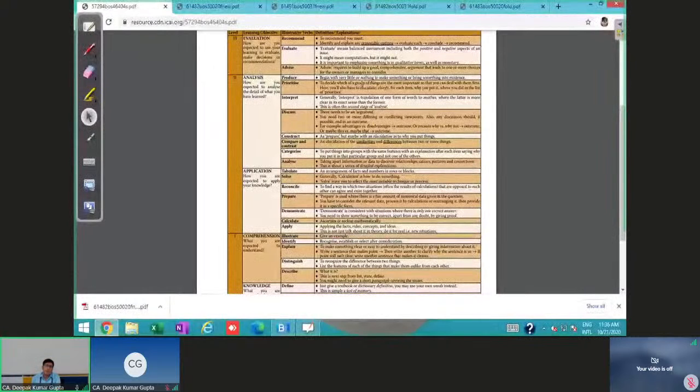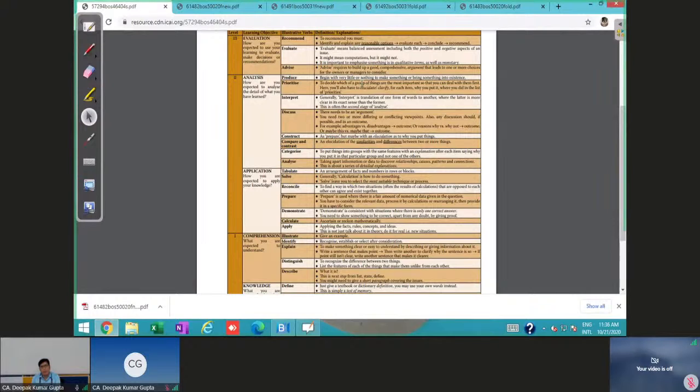Calculation is simple mathematical calculation, but analysis is linking of figures or establishing a relation between two or more figures. And interpretation is one more step ahead of analysis.